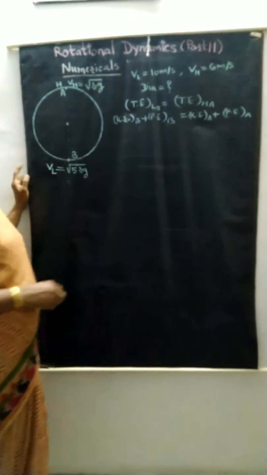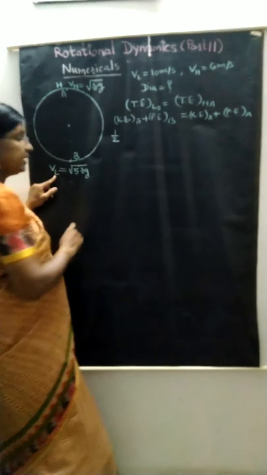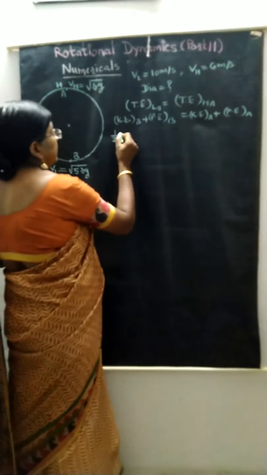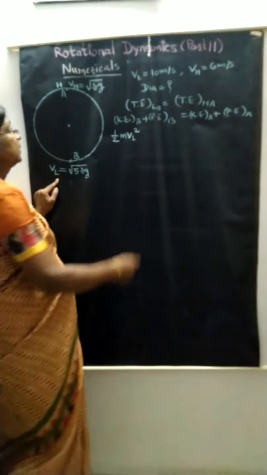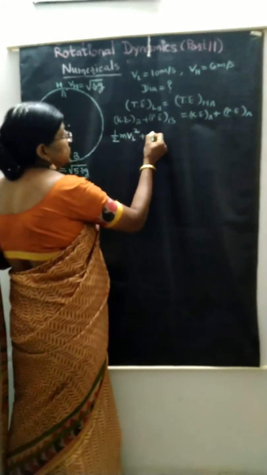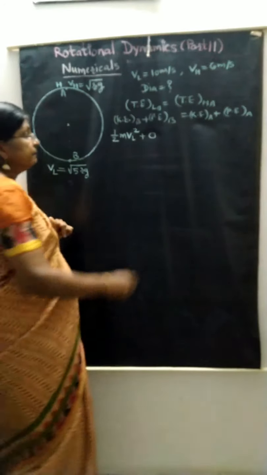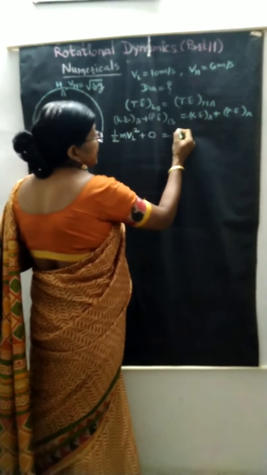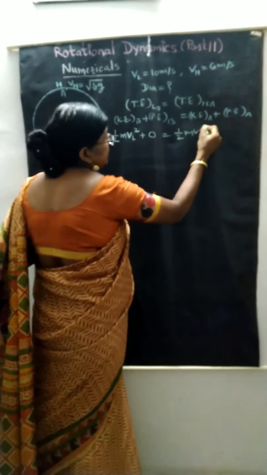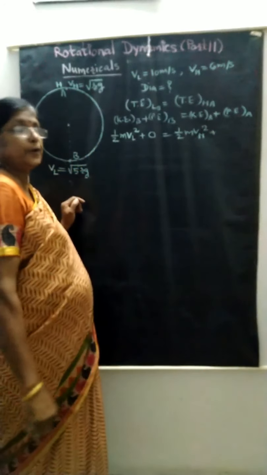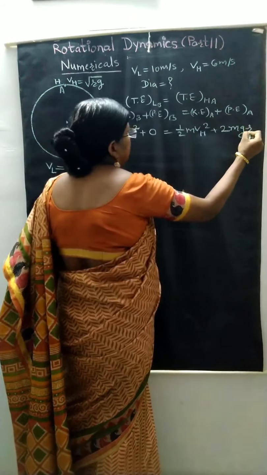Kinetic energy at point B is half m VL square, plus potential energy at point B is 0 because B is considered at ground level. Kinetic energy at point A is half m VH square plus potential energy at point A is 2 mgr.